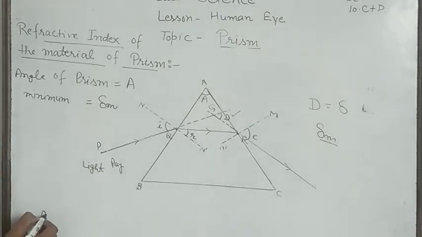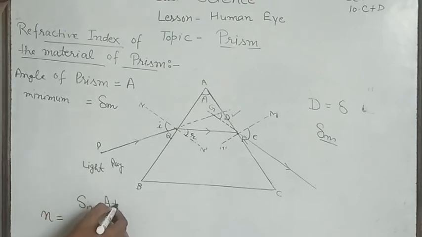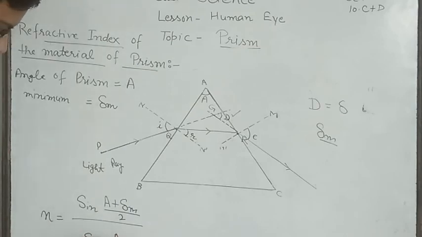n is equal to sin((A plus delta m) upon 2) upon sin(A by 2).